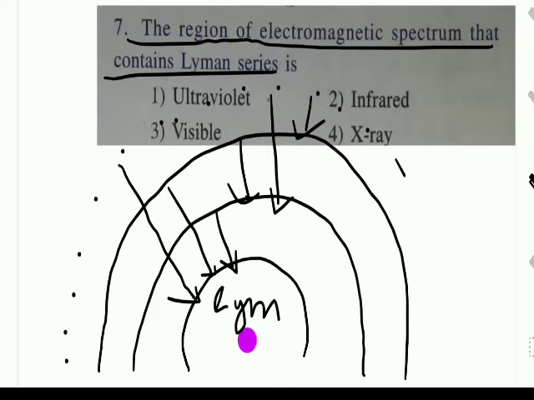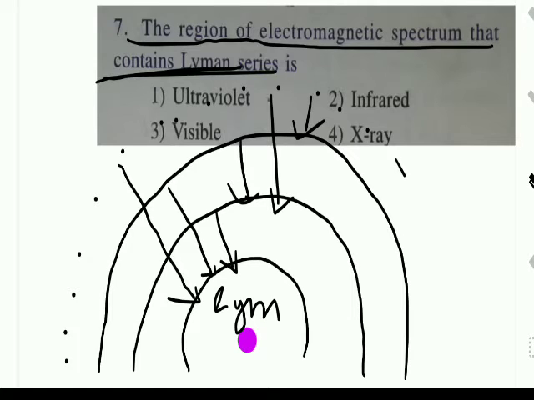Here, he is asking about the electromagnetic spectrum that contains the Lyman series. The options: first, ultraviolet; second, infrared rays; third, visible rays; fourth, X-rays.